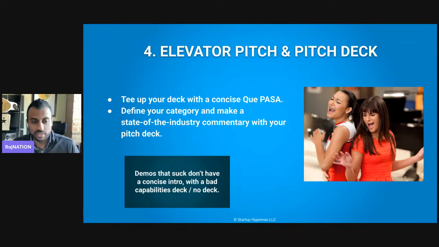And then here's some case studies, right? That's a capabilities deck, or they don't use a deck at all. And I'm here to tell you, use a presentation and use a good presentation.